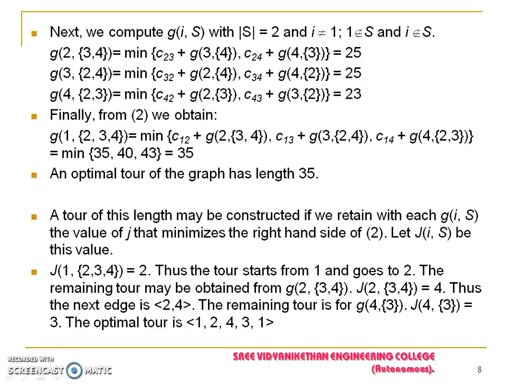The minimum value, the optimal tour cost of the TSP, is calculated as 35 in the example, and the path of the tour starts from vertex 1, next to vertex 2, next to vertex 4, next to vertex 3, and finally returns to vertex 1 again. This is how we compute the dynamic programming solution for the traveling salesperson problem.